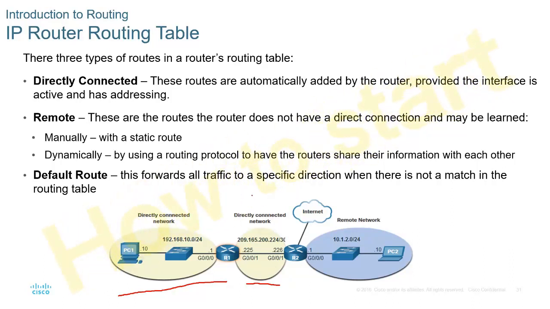For router 2, we still have that directly connected network, and we have this network over here being directly connected to router 2. So this middle network, this guy right here, is directly connected to both router 1 and router 2. This being a remote network for R1, this being a remote network for R2.